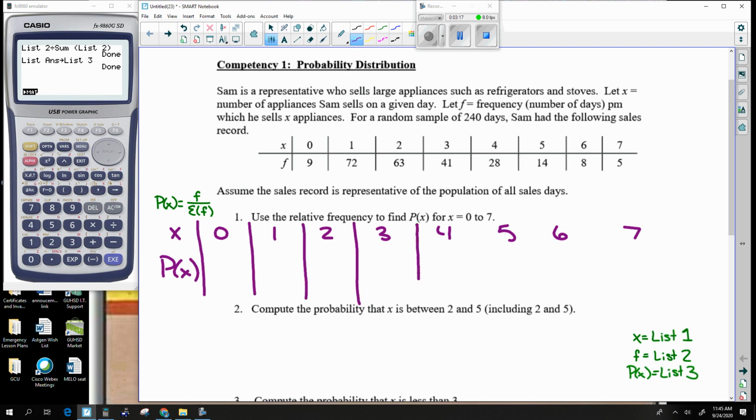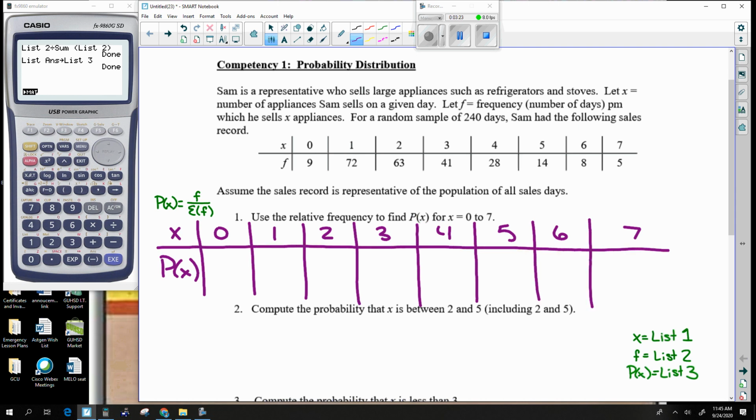Those are the P of x's. So what are these individual probabilities? And so if I look at my list 3, those should be the individual probabilities.